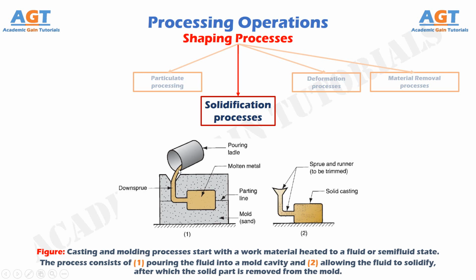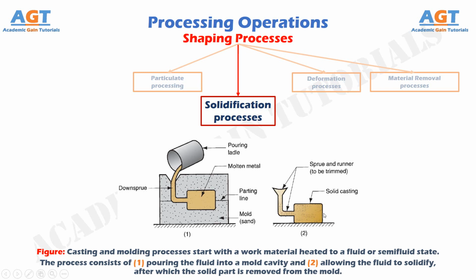With the material in a liquid or semi-fluid form, it can be poured or otherwise forced to flow into a mold cavity and allowed to solidify, thus taking a solid shape that is the same as the cavity. Most processes that operate this way are called casting or molding. Casting is the name used for metals, and molding is the common term used for plastics. This category of shaping process is depicted in this figure.